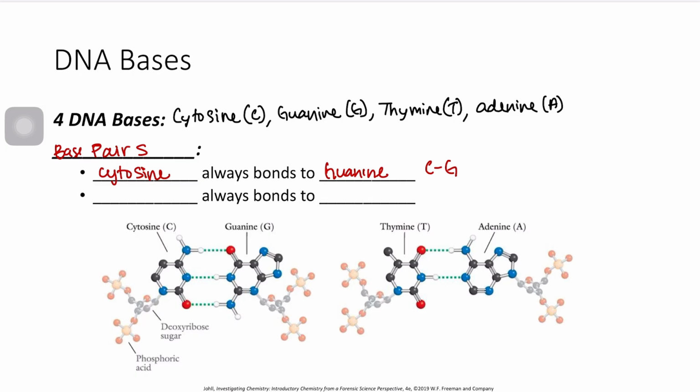And thymine always bonds to adenine. So you will have the TA pair. And the reason this happens is because of those attractive forces on the hydrogen bases.